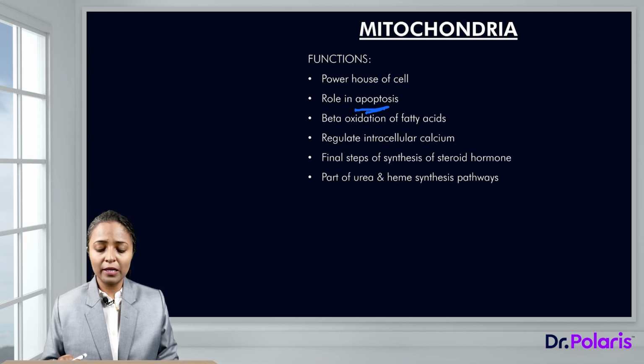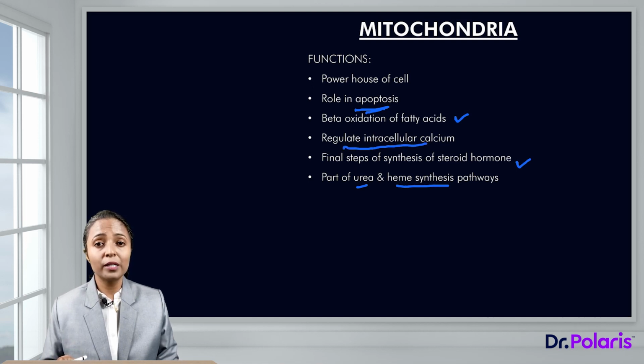Then it has various metabolic functions also, and it is important for beta oxidation of fatty acids. Final steps of the synthesis of steroid hormone occur in mitochondria, and it is also a part of urea and heme synthesis pathways. Plus, it also regulates intracellular calcium concentration.